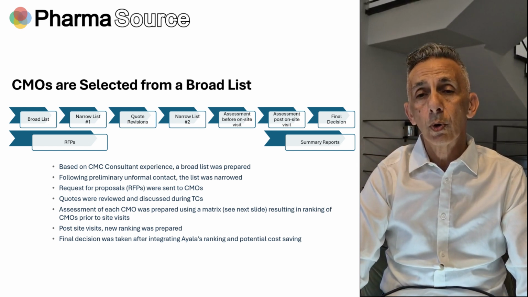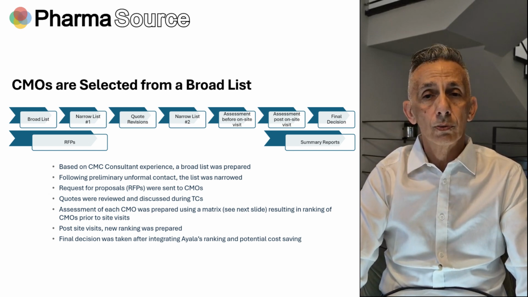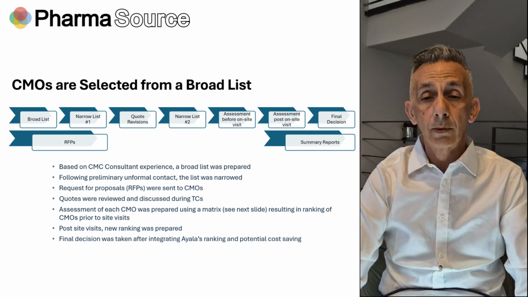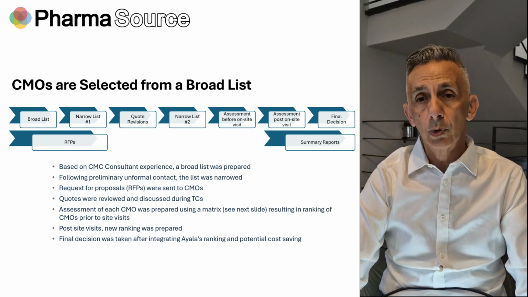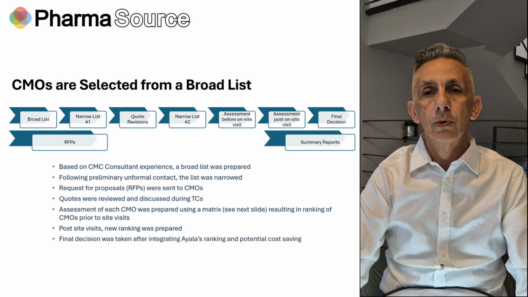Once we receive the quote, we will initiate discussion with the CDMOs through teleconference or emails to narrow down the scope of work, to explain what was not clear, and to define the right timelines for the finalization of the quote.